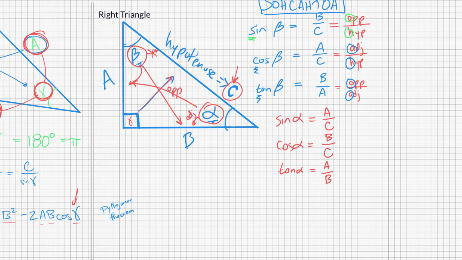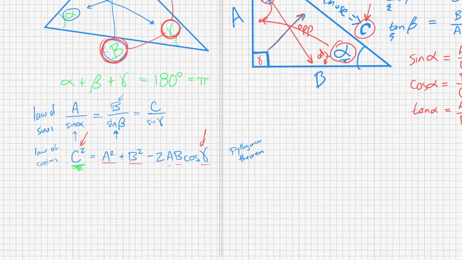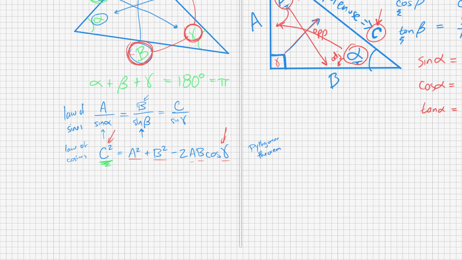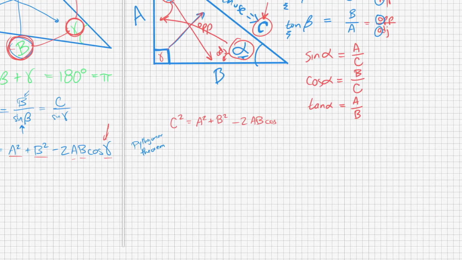I'll talk you through how you can think about that logistically. If I said c squared equals a squared plus b squared minus 2ab cosine of 90, the cosine of 90 is 0, so all this goes away, and you are left with the Pythagorean theorem, which is that the hypotenuse squared equals a squared plus b squared.